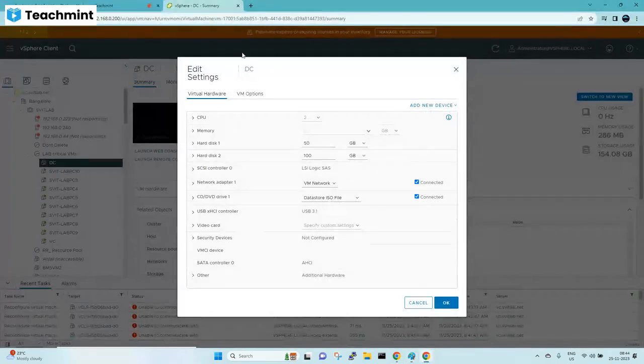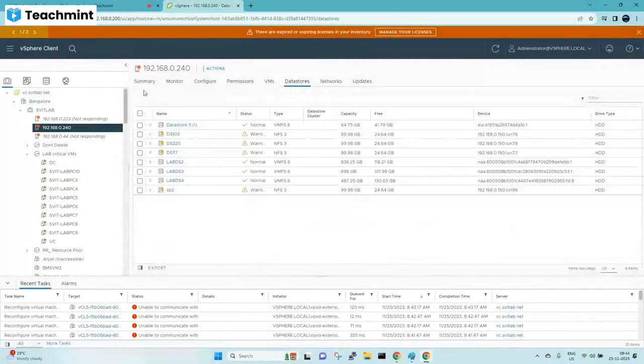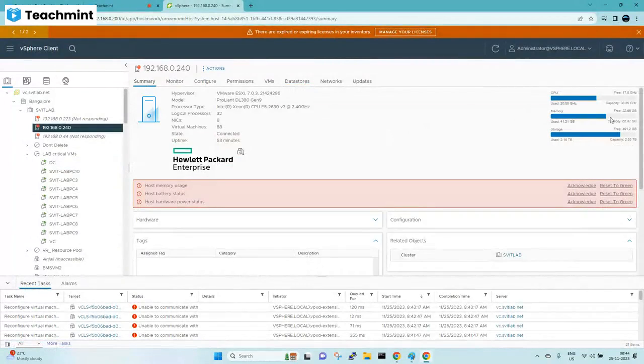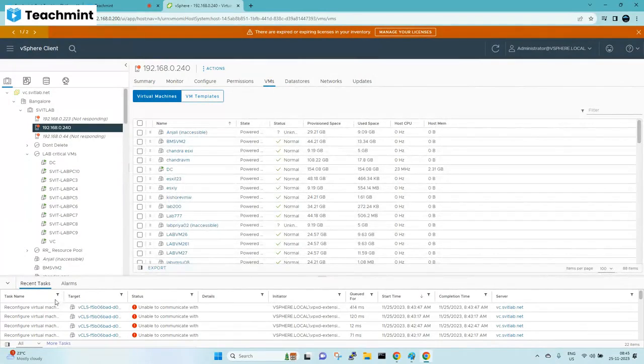Clear? If you see our host also, in the summary tab, here you can see how much memory it utilized. Out of 64, 42 GB RAM is used. But if you see all virtual machines, there are 88 virtual machines and RAM usage.